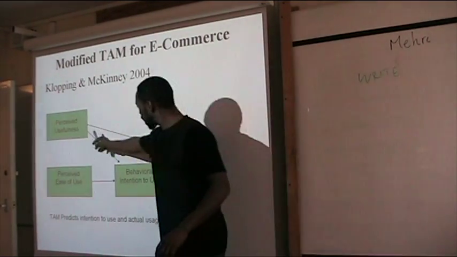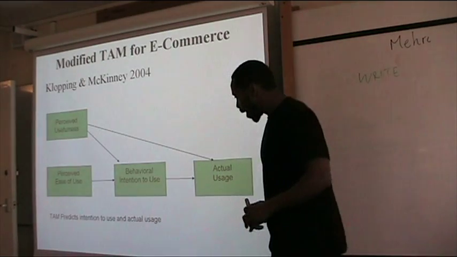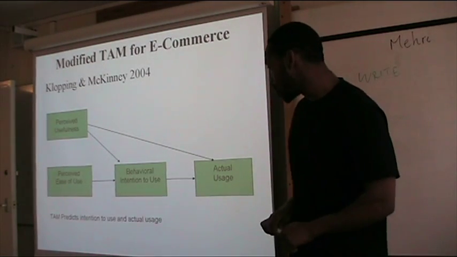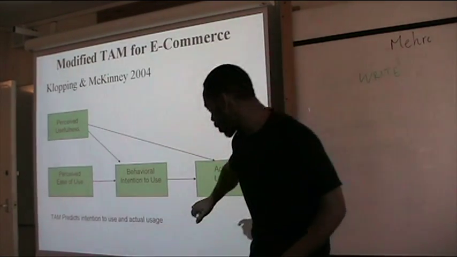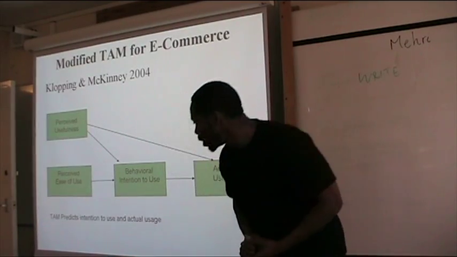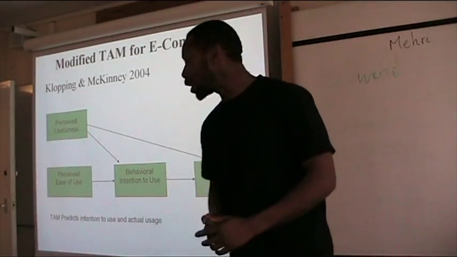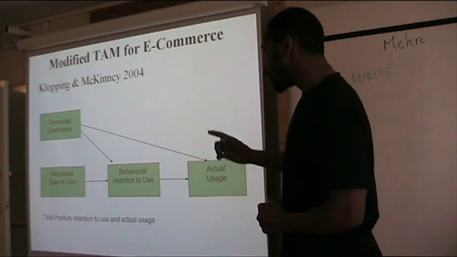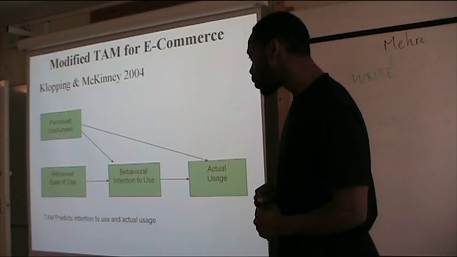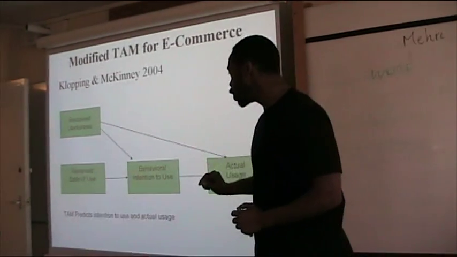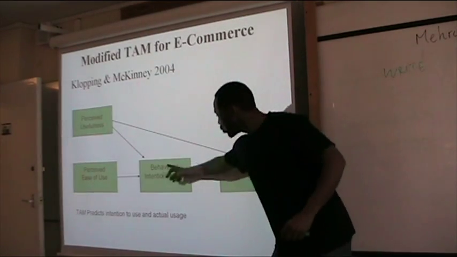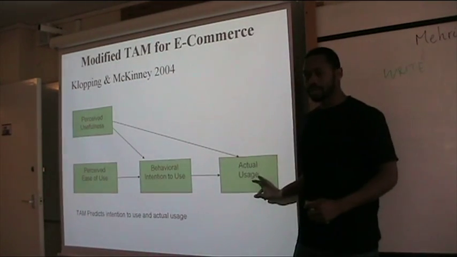So they came up with another line like that. And then, as a result, they said, in scientific terminology, in positivist thinking, you might now say the technology adoption model predicts intention to use, as well as actual usage.